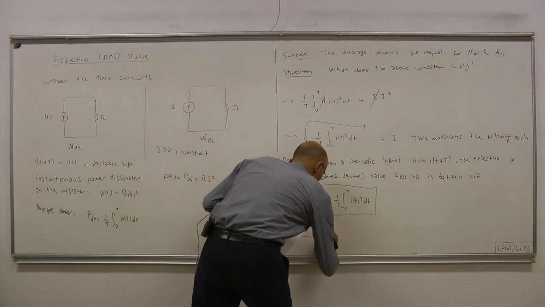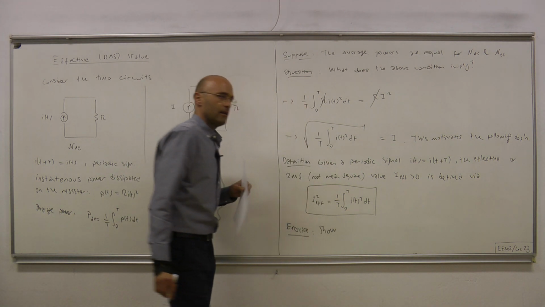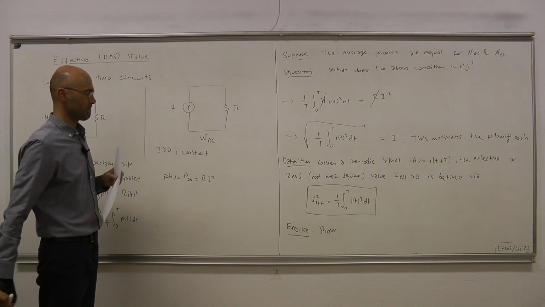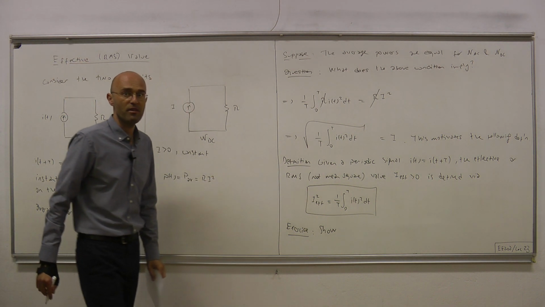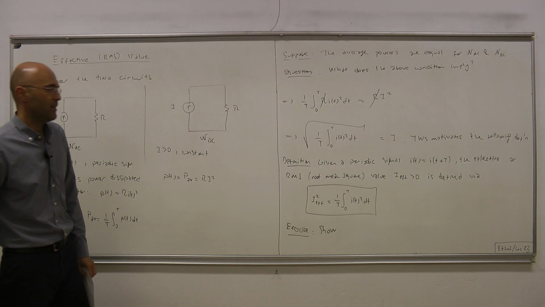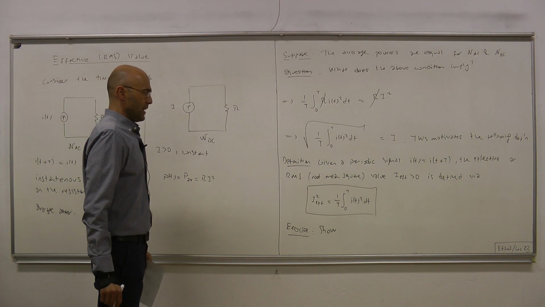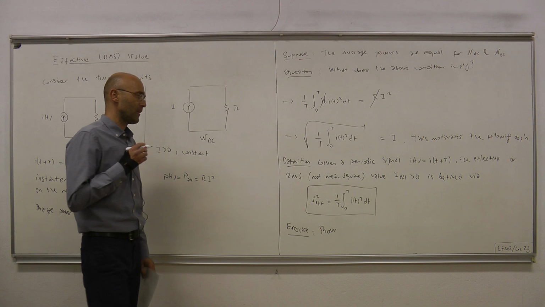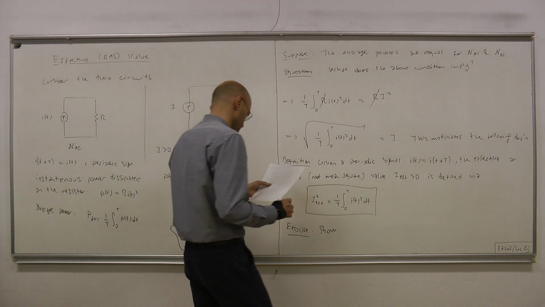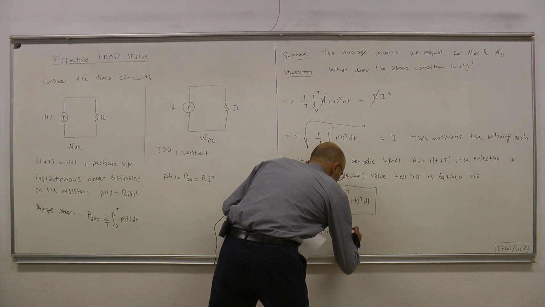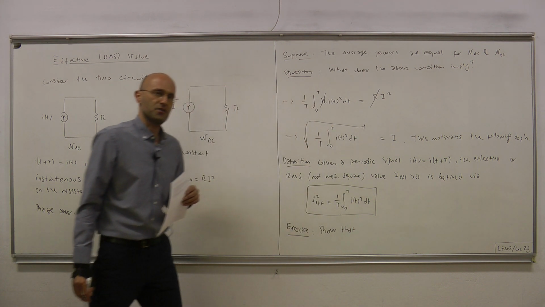And for that, let's emphasize that for a periodic signal with amplitude A, the effective value equals that amplitude divided by square root of 2. Okay? And that's easy to show, so that's left as an exercise.